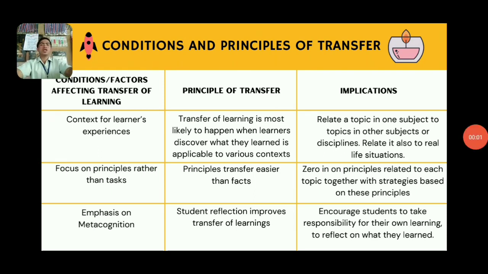Now let's proceed to focusing on principles rather than tasks. Principles transfer easier than facts, so zero in on principles related to each topic, together with strategies based on these principles. In having an effective transfer of learning, we need to focus more on the principles rather than the task, because principles are constant in nature.